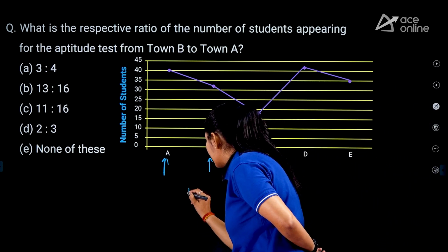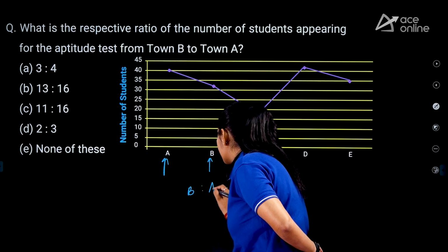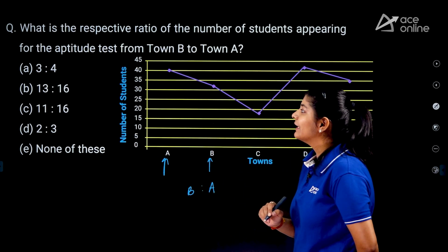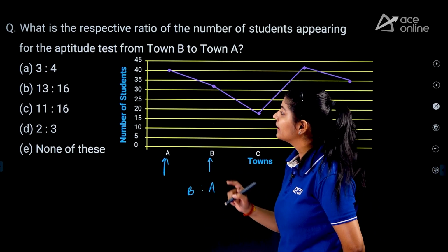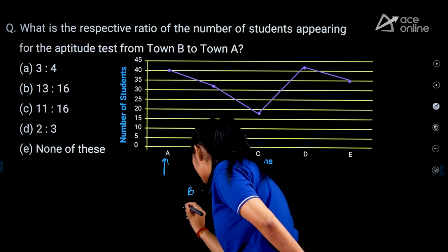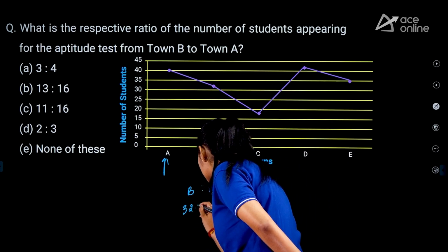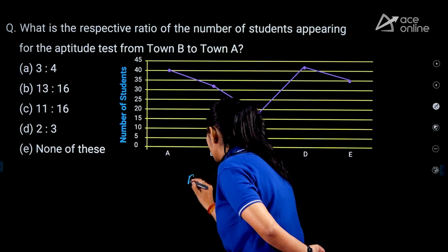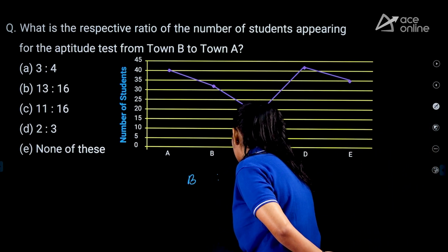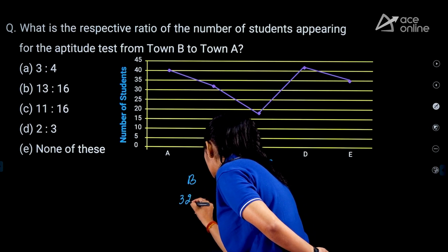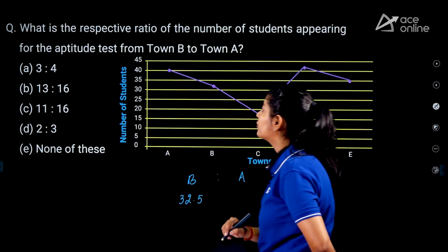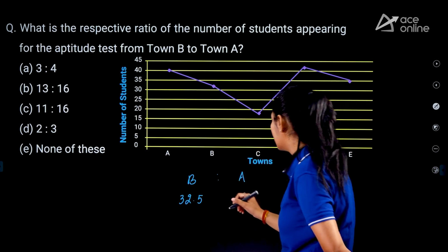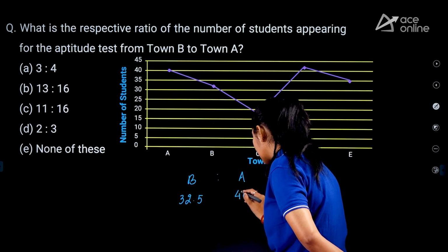So we need to write the ratio between B to A. Here the value in B is 32,500, or I can also write it as 32.5, and for A we are getting the value as 40, right?